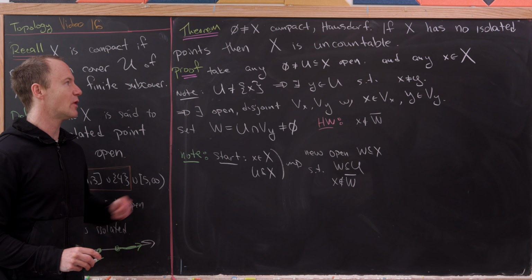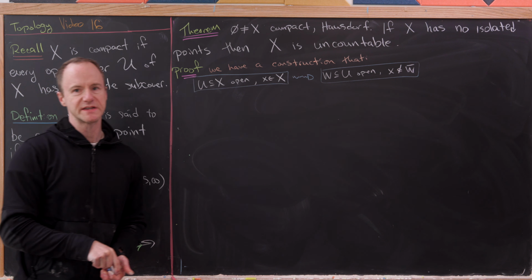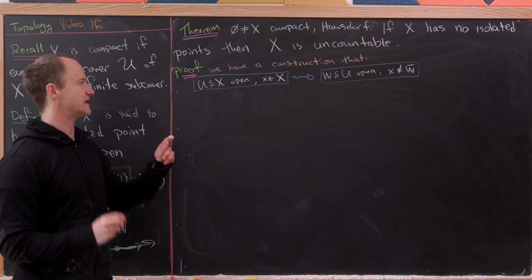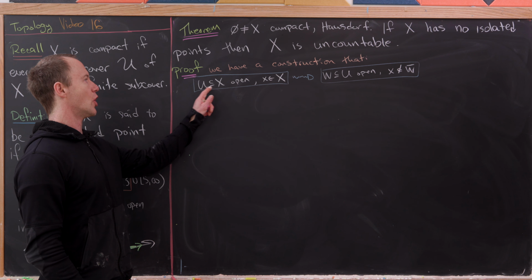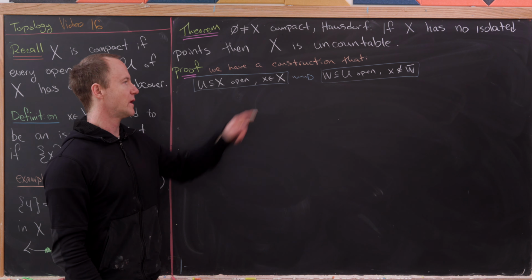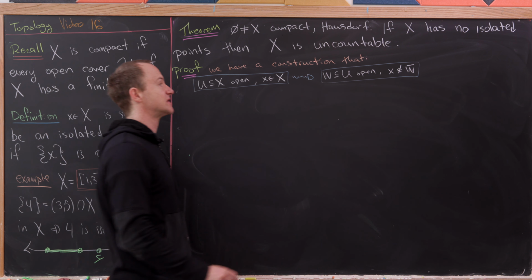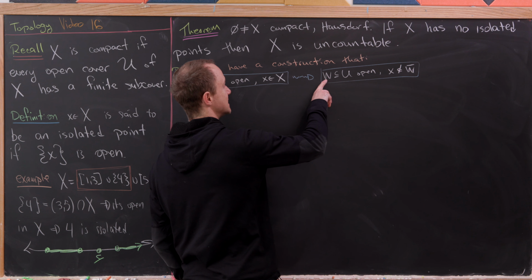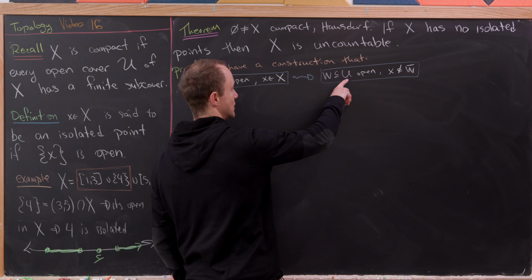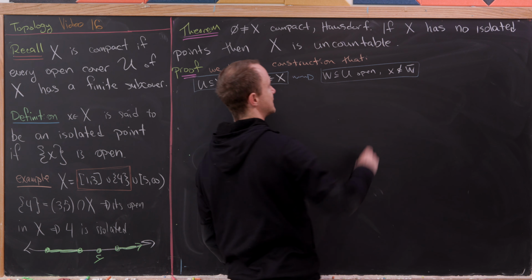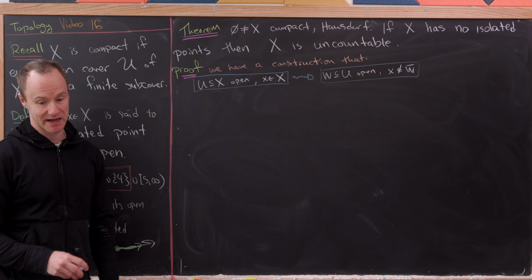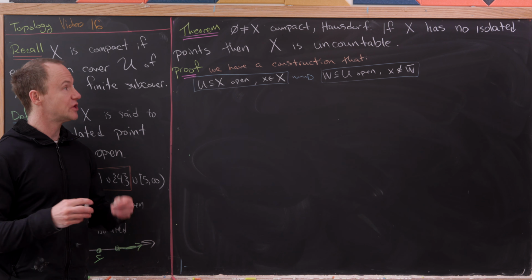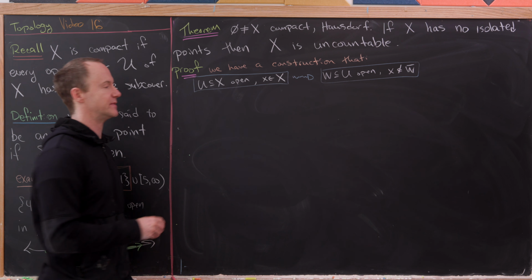So this construction takes an open set of X and a point inside of X, and constructs a new open set W, which is a subset of U, where the closure of W does not contain x. Now we'll use this to prove the uncountability.